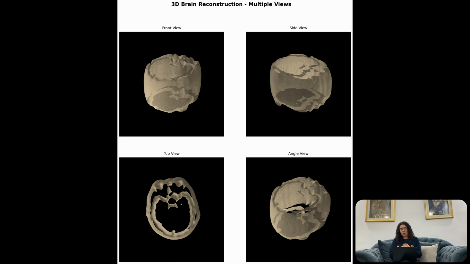And to avoid any visual exaggeration, because I don't want a 3D brain having a tumor with a volume much larger or much smaller than the real thing, the tumor volume is automatically constrained to a realistic percentage of the brain volume to ensure that it remains proportional and biologically plausible.